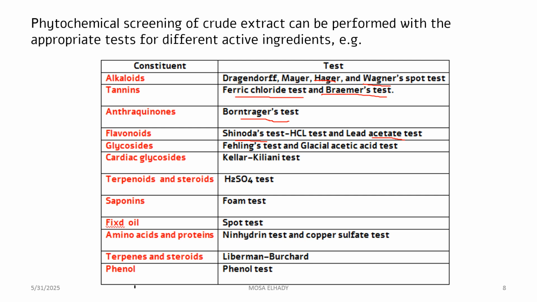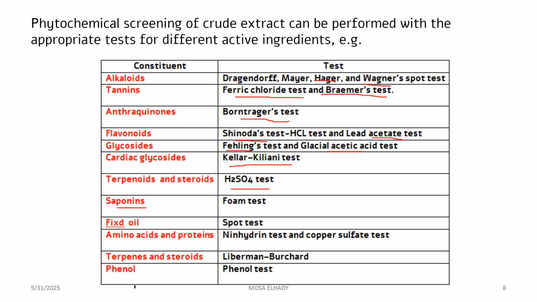Glycoside is tested by Fehling's test and by glacial acetic acid test, while cardiac glycoside can be tested by using Keller-Kiliani test, and terpenoid steroid can be tested by sulfuric acid test.